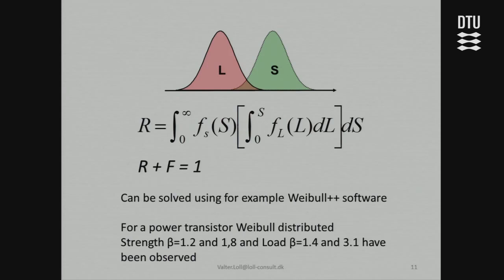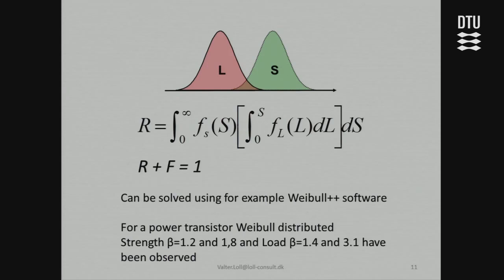In case B, the load is varying, but the strength has a much smaller standard deviation than the load, and the loading roughness is 1. It's easy to calculate for a one-shot device or population, because this small triangle is the probability of failure, and this small triangle is the probability of failure.